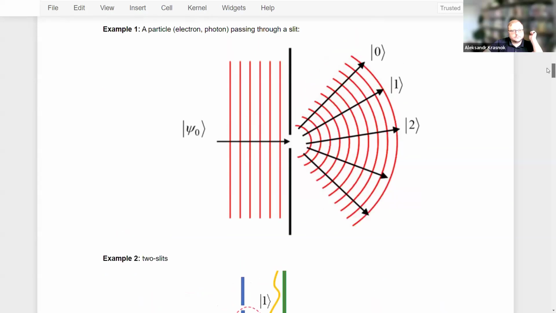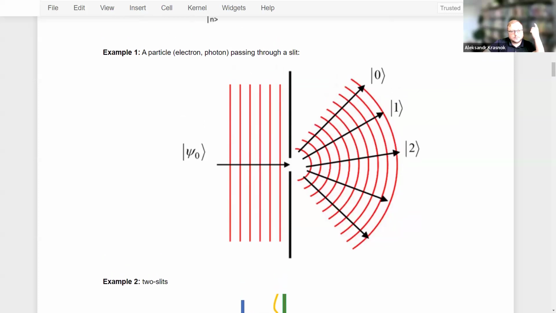So let us have one single elementary particle. It can be, for example, an electron. This electron in quantum mechanics is represented by a de Broglie wave. It is essentially a plane wave that is traveling in space, like shown here.